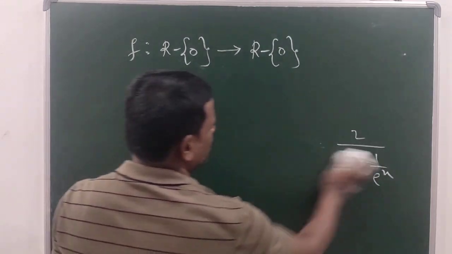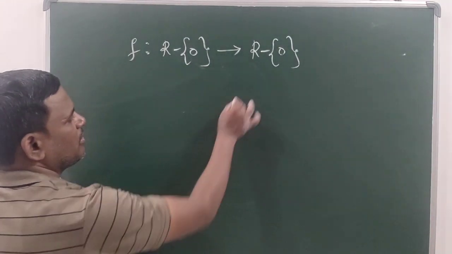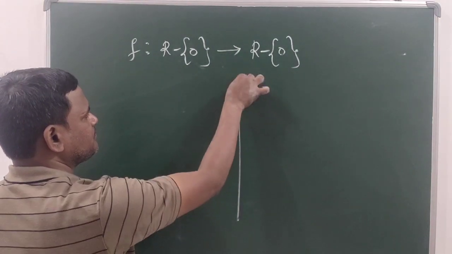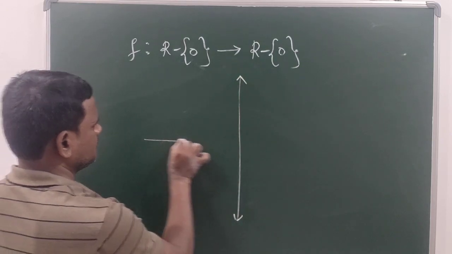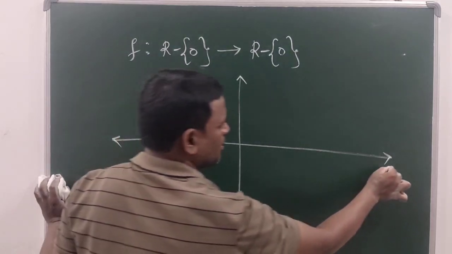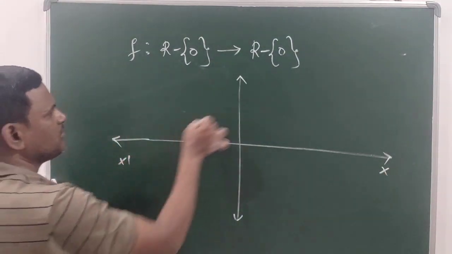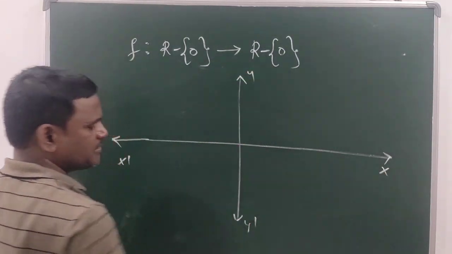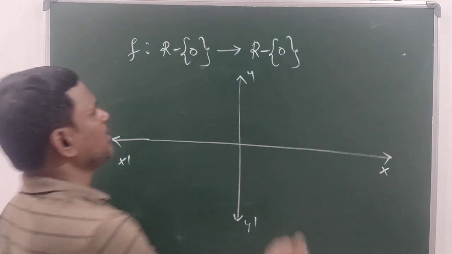Now, observe whose graph. X dash, y dash. Okay.